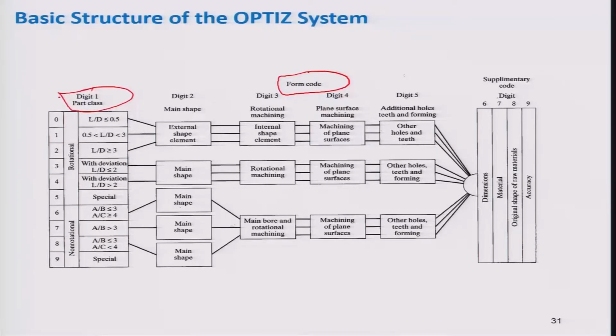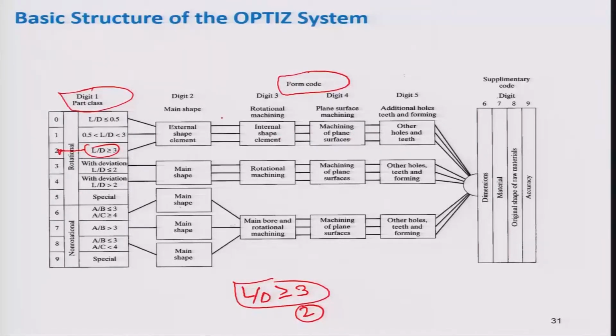So suppose for a part of dimension having L by D greater than or smaller than 3, what will the first digit be? It signifies the digit 2, so you will have to select digit 2. And in the form code, suppose it requires an external shape element, then it will go through the internal shape element, machining of plane surface, auxiliary holes and teeth.